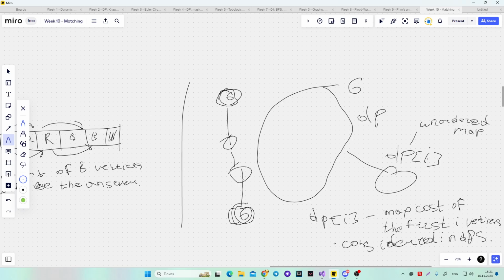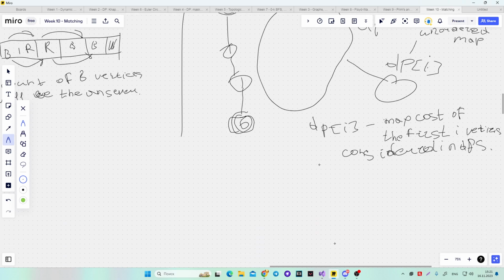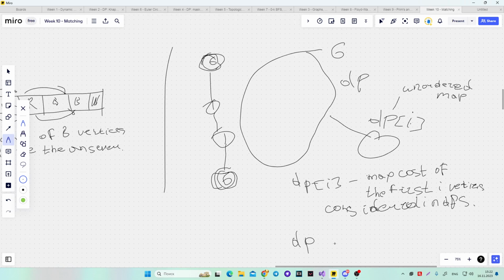And we just want to consider the P. No, it's an ordered map, not the first vertices. The first vertices considered in the DFS.